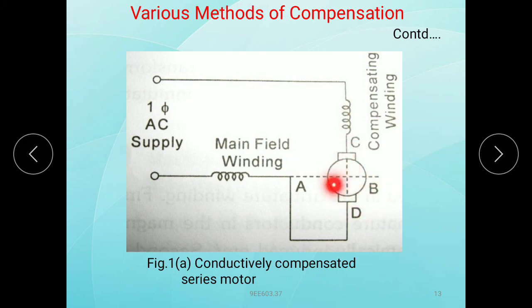The armature conductors and the compensating conductors both carry the same magnitude of current, in opposite directions.